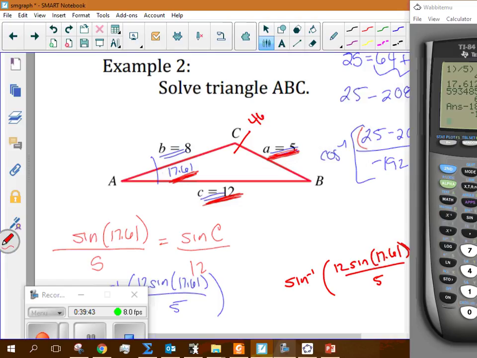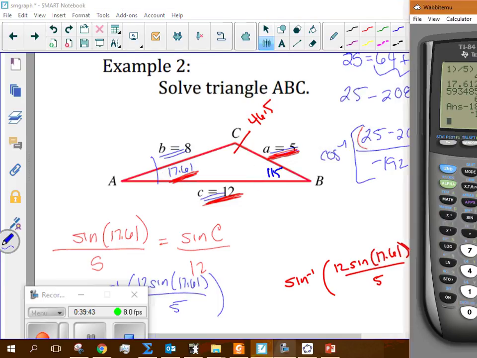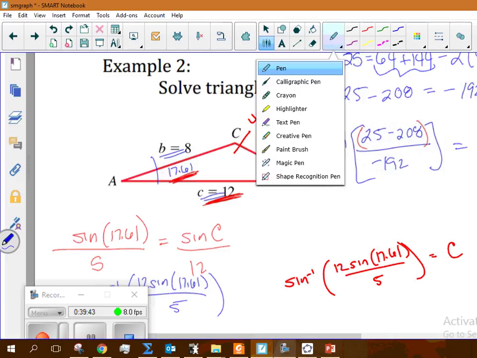Angle C, 46.5. Okay, if we go through the idea of having 180 degrees in a triangle, it makes this angle here 115 degrees. Well, that doesn't make a whole lot of sense, and if you're not thinking about what's going on here, you're going to run into trouble with final answers.